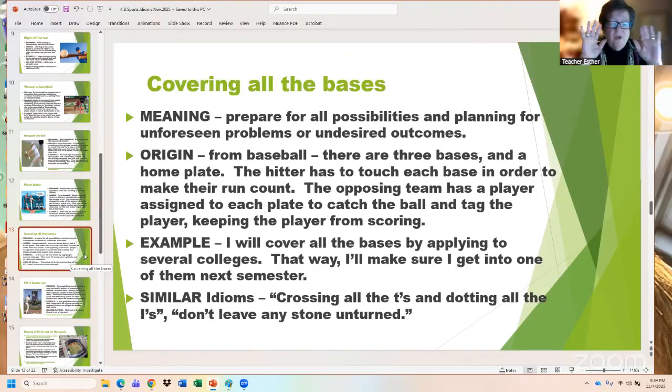And the opposing team that are trying to get him out, the opposing team has someone designated to cover that base and catch the ball and tag the player. Okay, Tiet, would you like to read this one? Yes, I can.